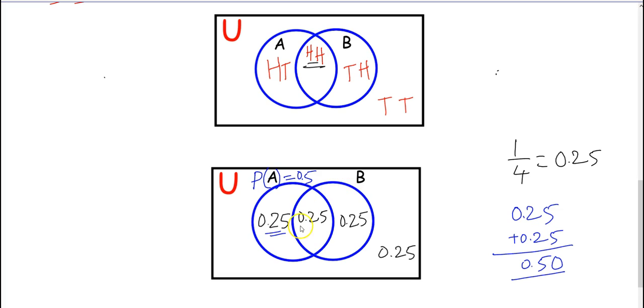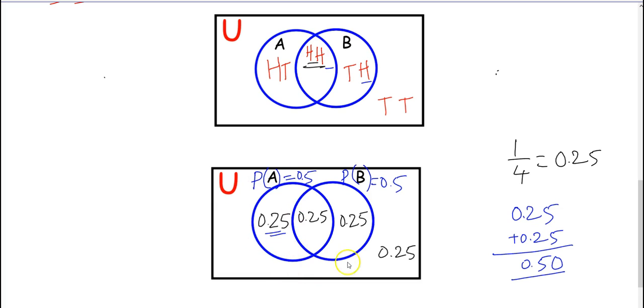Similarly, the second one, set B, the probability of this event B to take place, like landing on the heads in the second coin, that is second coin landing on heads is this 0.25 and 0.25. So probability of B is equal to 0.5, 0.50 or 0.5, just the same thing.